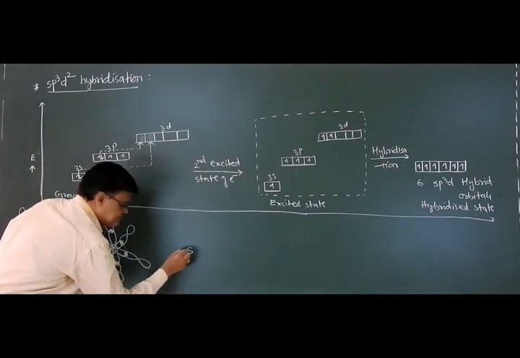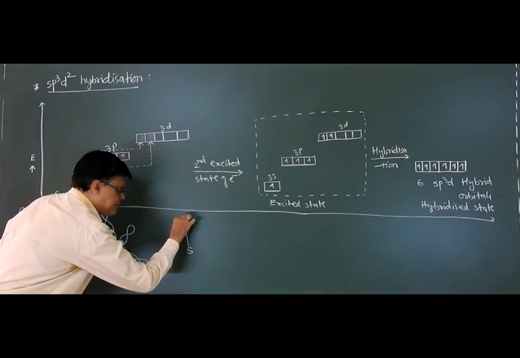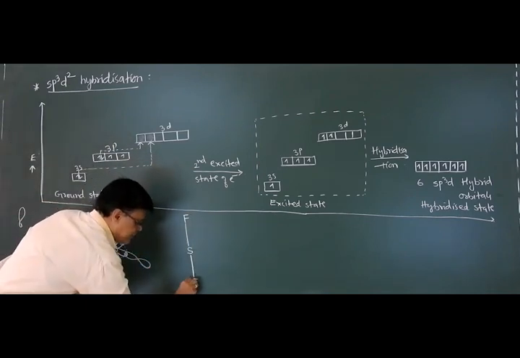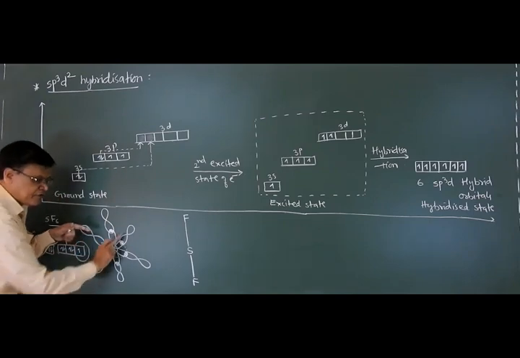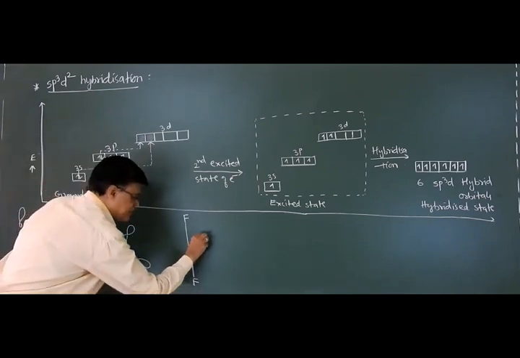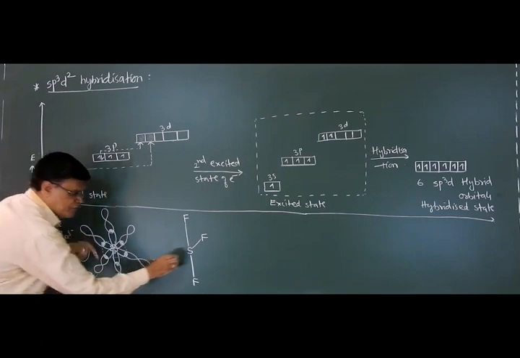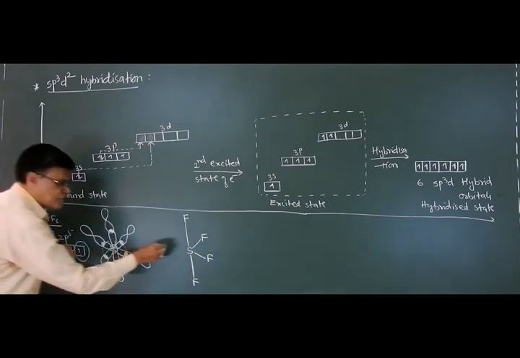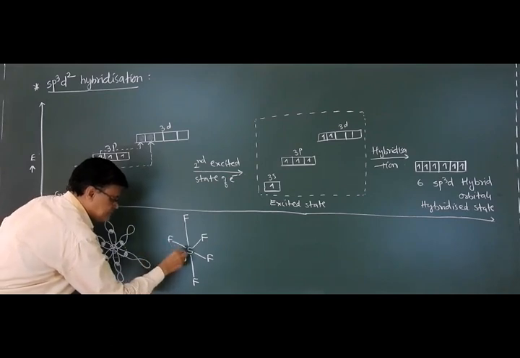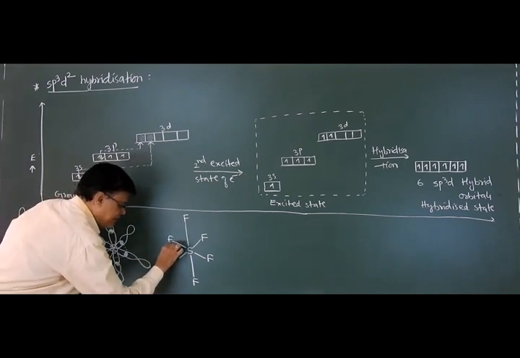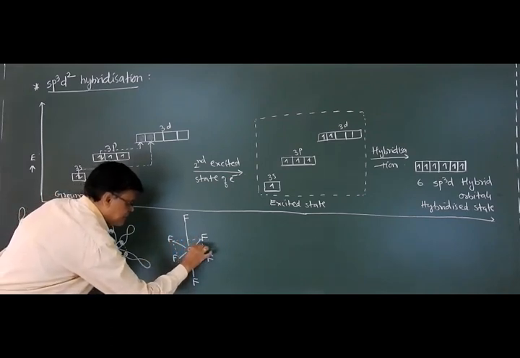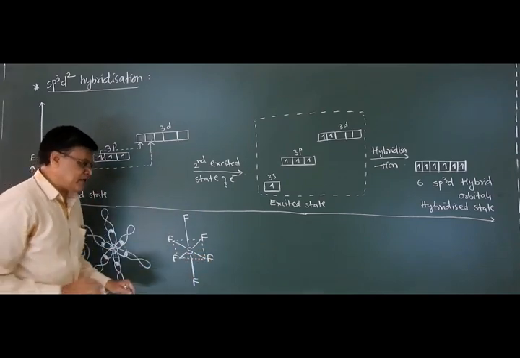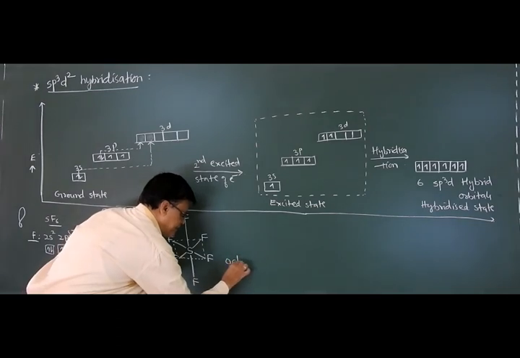Here sulfur fluorine bond, here sulfur fluorine bond, here sulfur fluorine bond, and here also sulfur fluorine, like this. Just make a square for this one. Square bipyramidal or octahedral geometry.